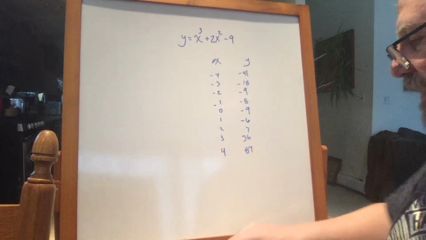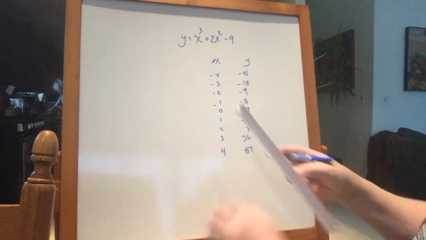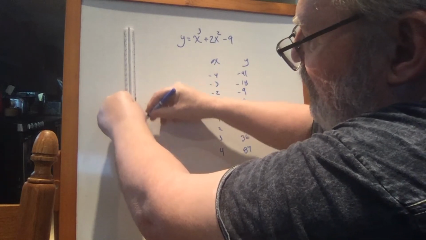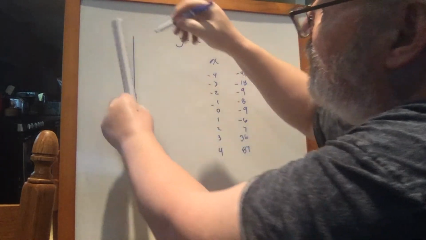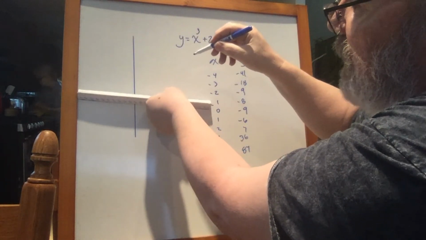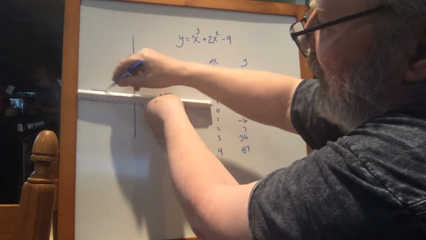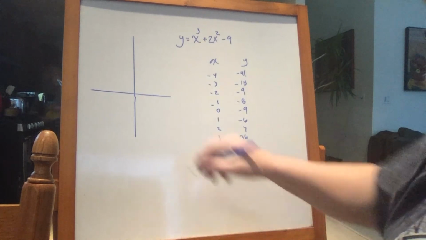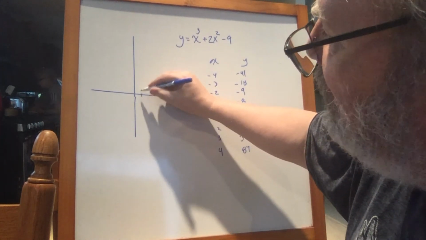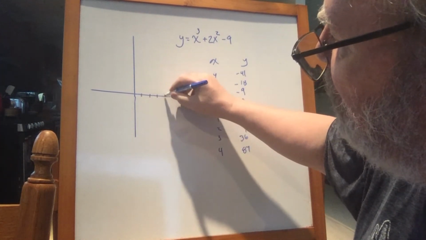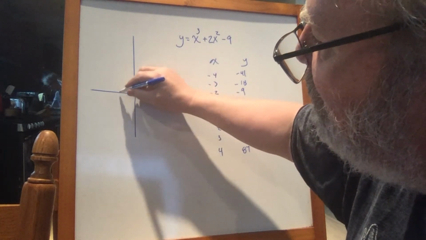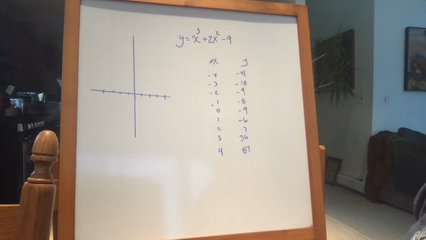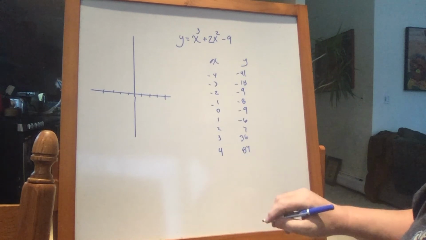And if we plotted it on an XY coordinate, I don't know how well we could do that here. Just picking functions arbitrarily. 1, 2, 3, 4. 1, 2, 3, 4. And we must have a 0 somewhere.